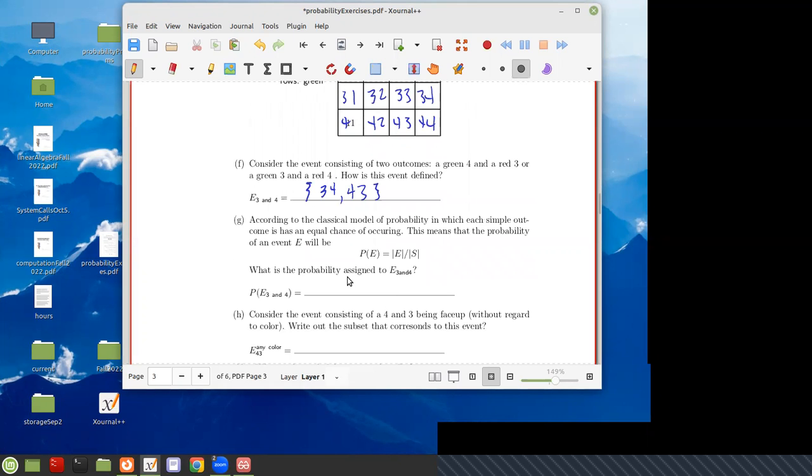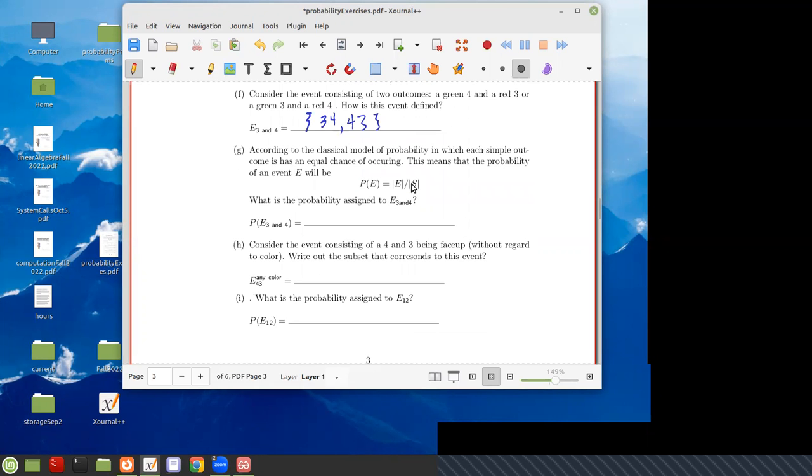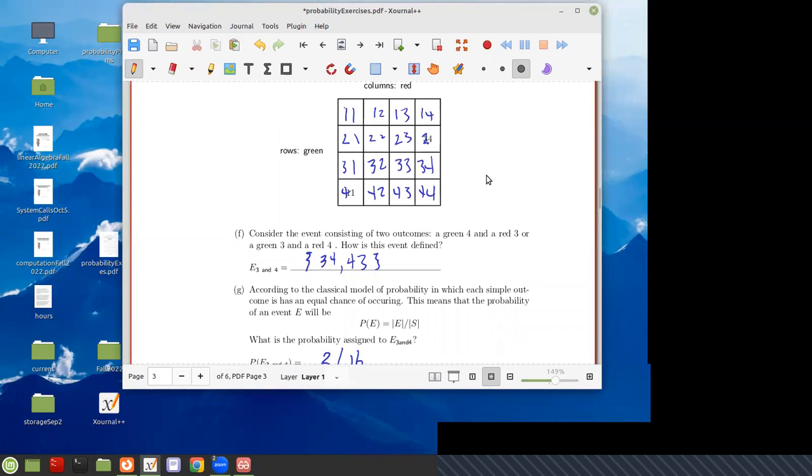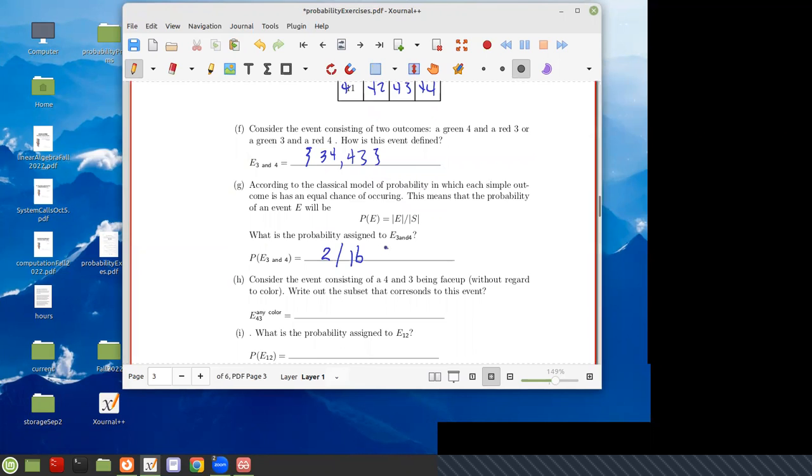Okay, then the probability is again just this ratio, this fraction. So what's the probability assigned to this event E, 3 and 4? Well, it's going to be 2 divided by 16, because the size of the sample space is 16 elements, which is the same thing as 1/8 if you reduce it.